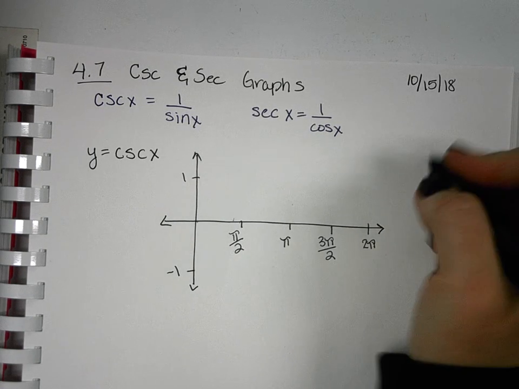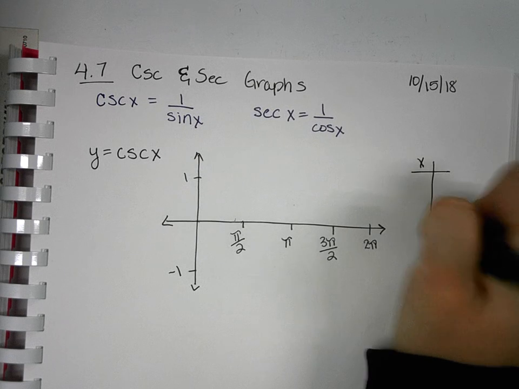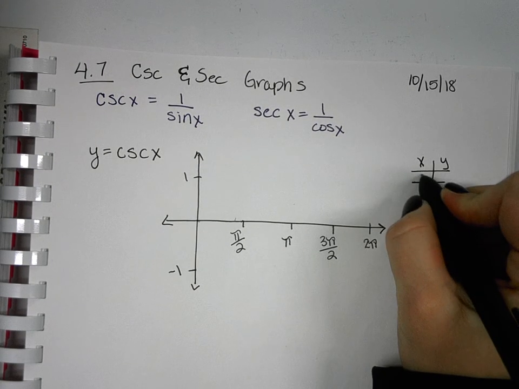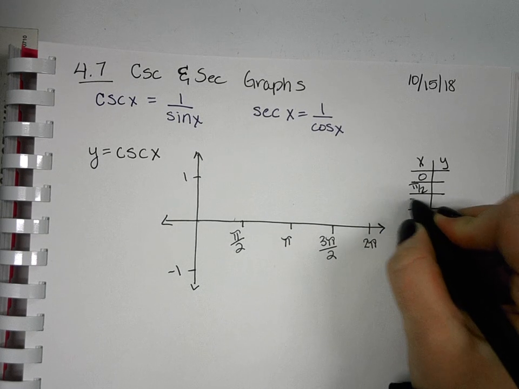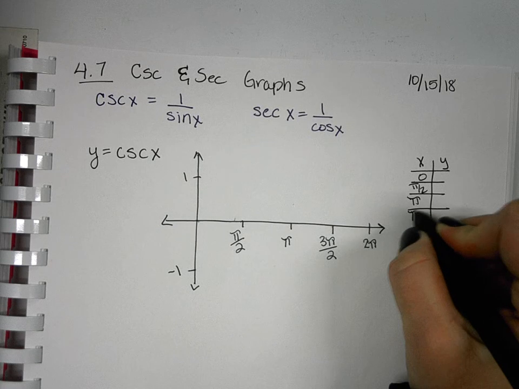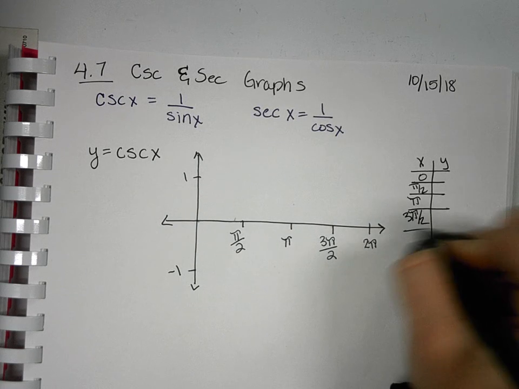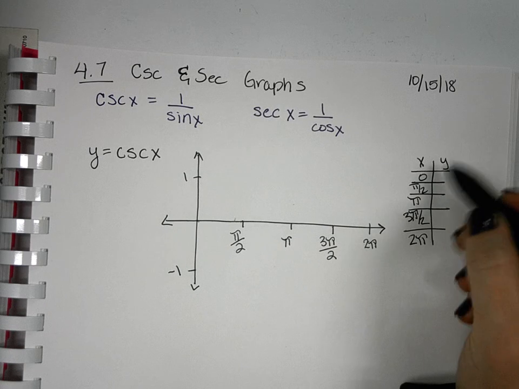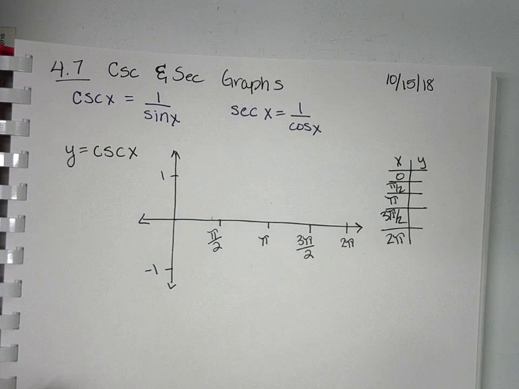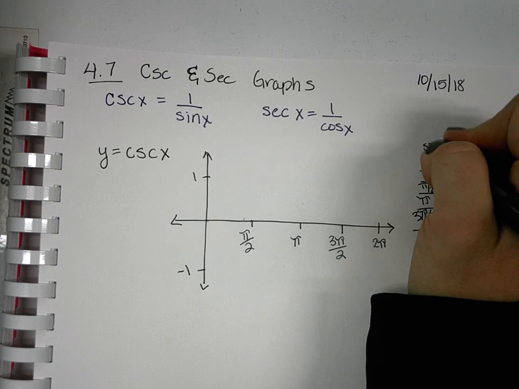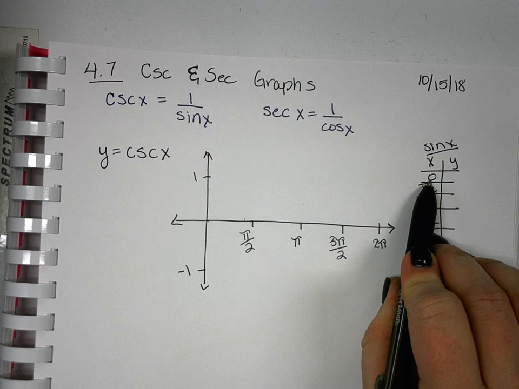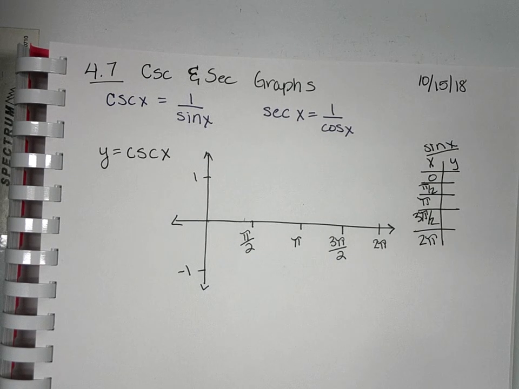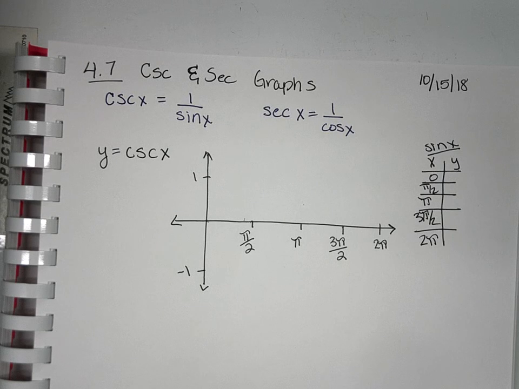Okay, so then if we think back to that table of values that we had for a sine graph. We started at 0, then we went to pi over 2, then we went to pi, then we went to 3 pi over 2, and we ended at 2 pi. So when we did sine of x, sine of 0 was 0.